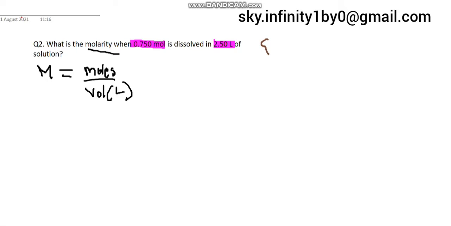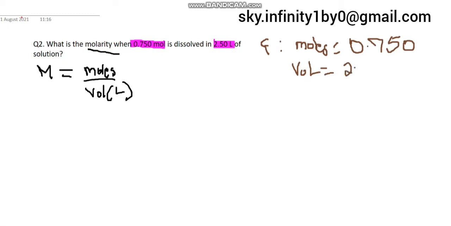It is given that the number of moles is 0.750, and the volume is given as 2.50 liters. Even the volume is given to us in liters, so we don't need to convert it from milliliters to liters.